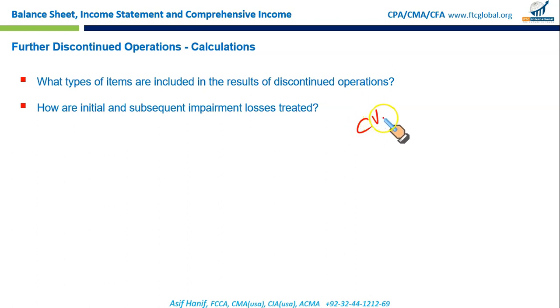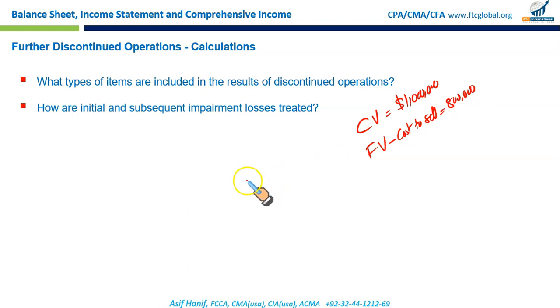I will simply write CV, carrying amount of the division, that is about let's say $1 million. And the fair value less any cost to sell initially. Fair value minus any cost to sell is, let's say, $800,000, right?